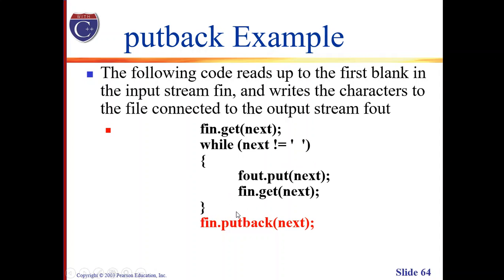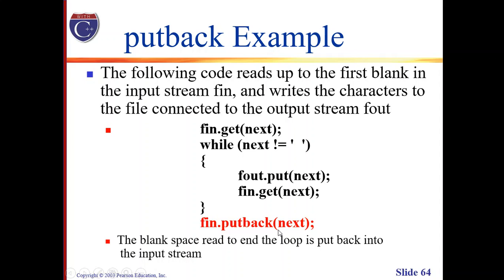And in case a space character has been read, then that will not be processed. Instead, it will be returned into our input stream using the putback function. And that is what we have here. The blank space read to end the loop is put back into the input stream.